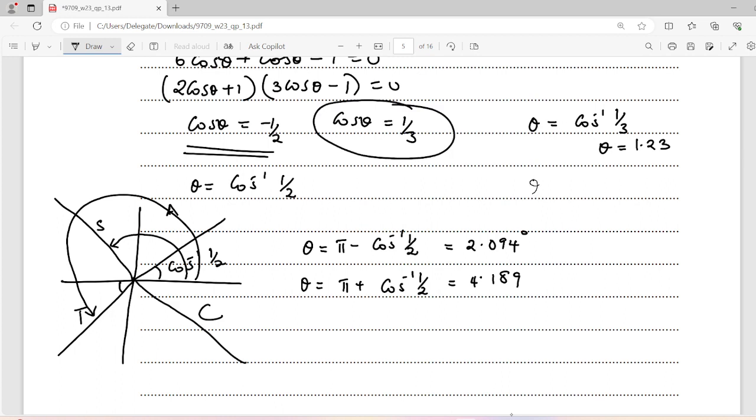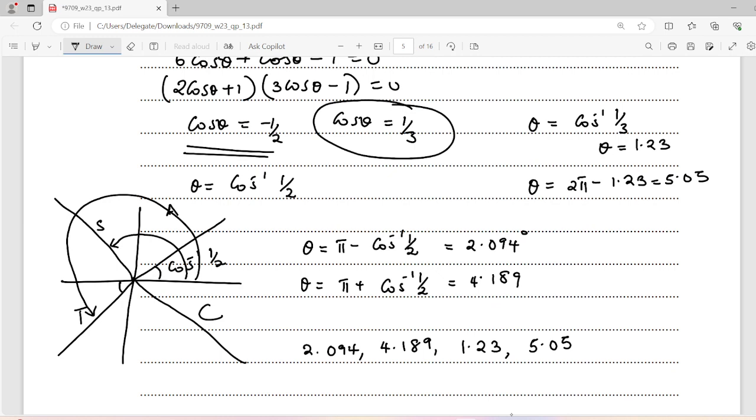So another angle is going to be 2 pi minus 1.23, which is 5.05. So meaning your angles, actually we have now 2.094, 4.189, 1.23, and 5.05 as our angles. So this question was about trigonometry. We go to the next question.